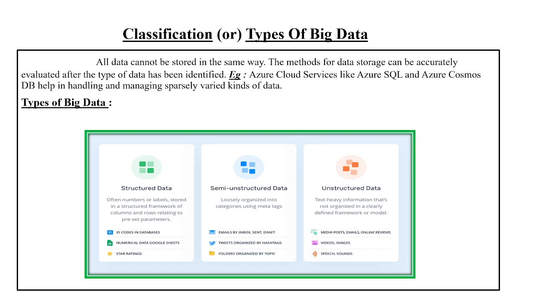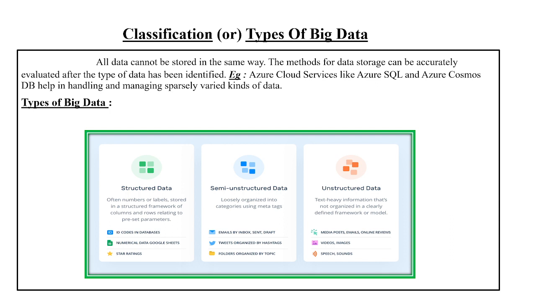This video helps you to understand the classification of big data, or different types of big data. When you look at the different types of big data, the data that we are going to get in the real-world environment are classified into three different categories, and that we are going to term as types of big data.